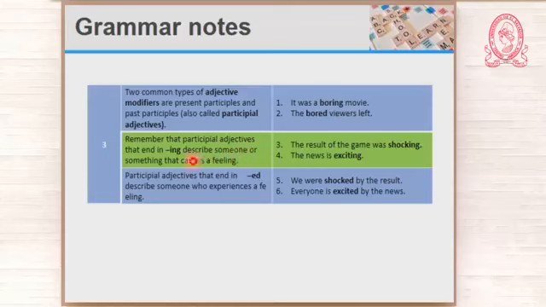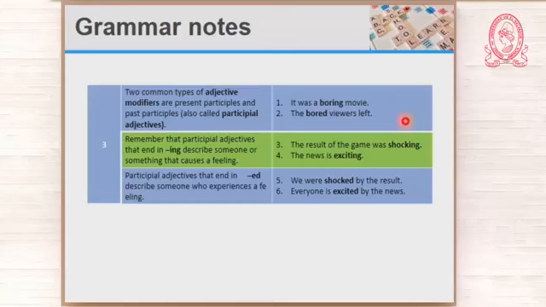Participial adjectives that end in ing describe someone or something that causes a feeling. For example, the result of the game was shocking. In other words, the result was shocking.